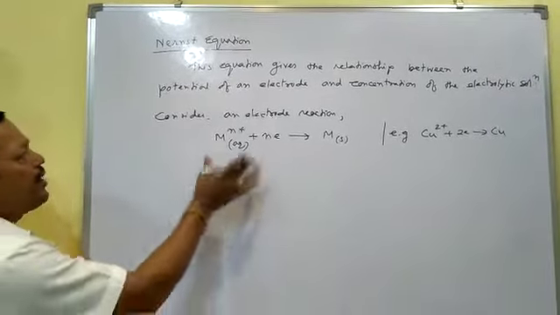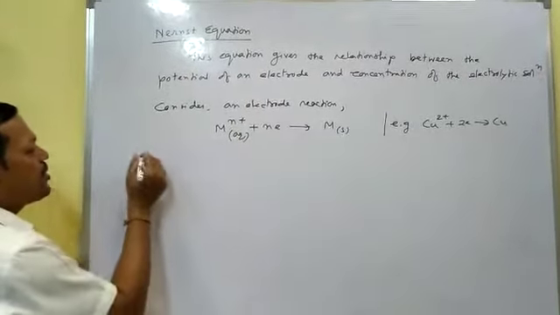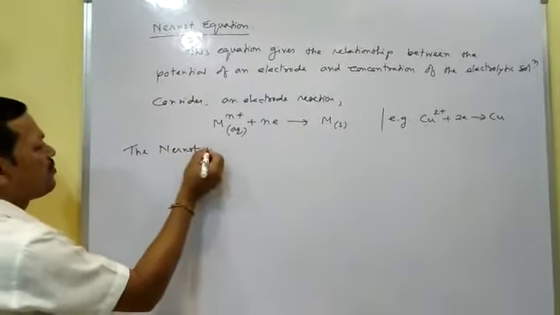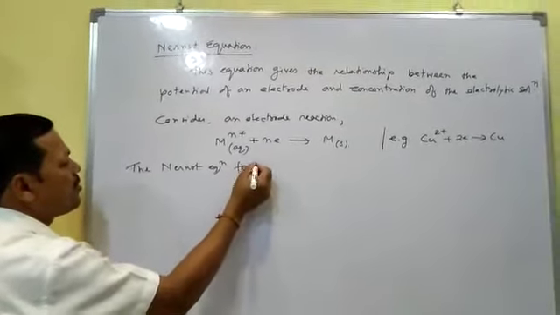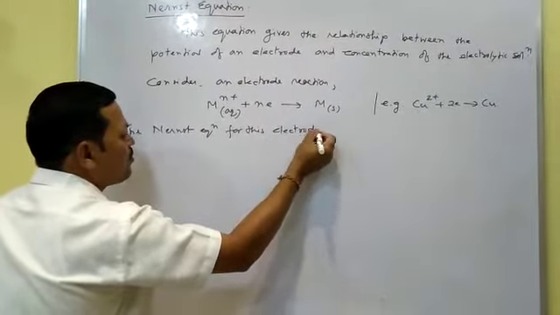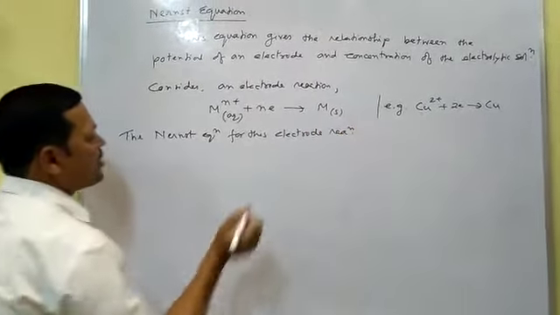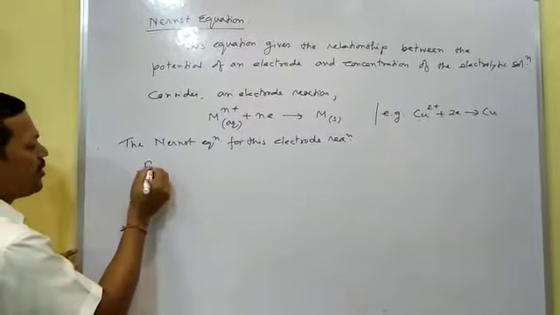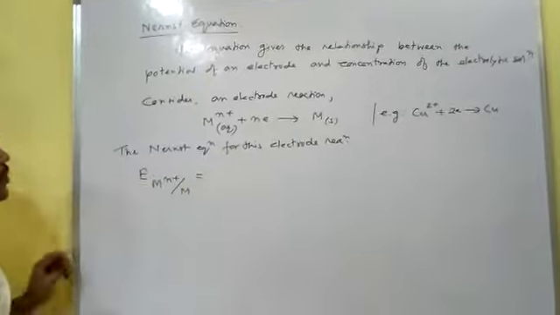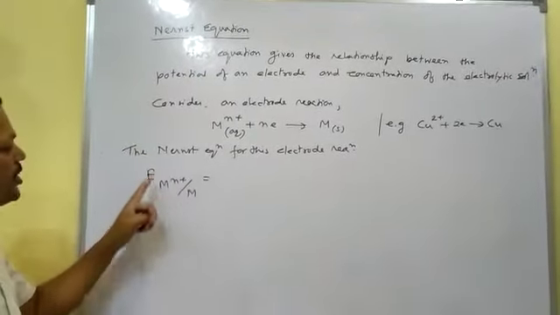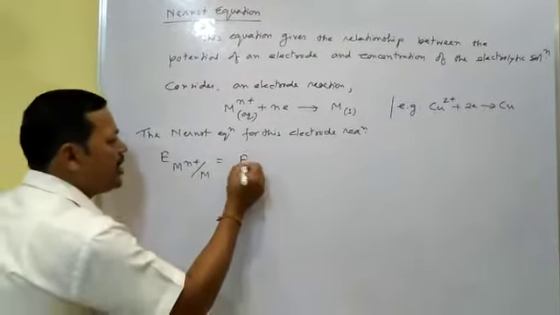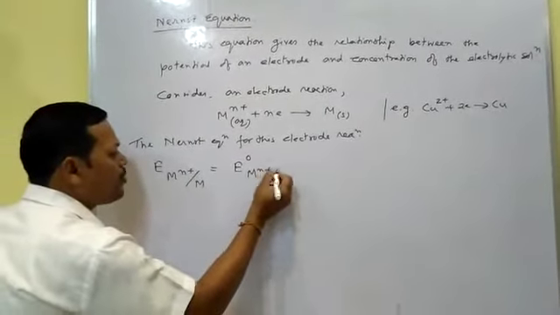If you want to write the Nernst equation for this electrode reaction: E of Mn+/M, I mean the potential of this electrode, equals E naught of Mn+/M.